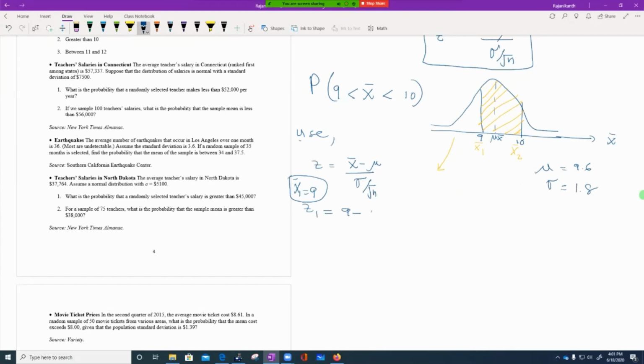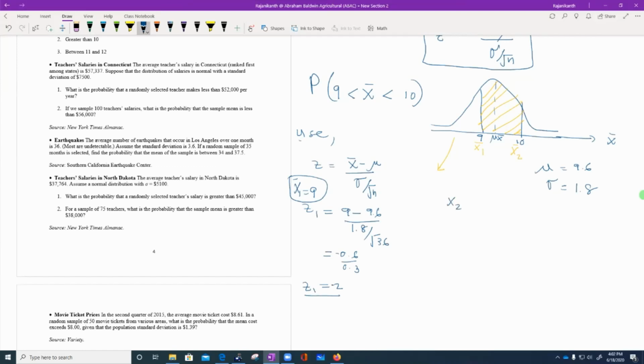So I'm plugging those two values, 1.8 over square root 36. If you simplify this, it should be 9 minus 9.6, which is negative 0.6, over 0.3, right? So that is simply 2, but this will be negative. That is a negative 2.